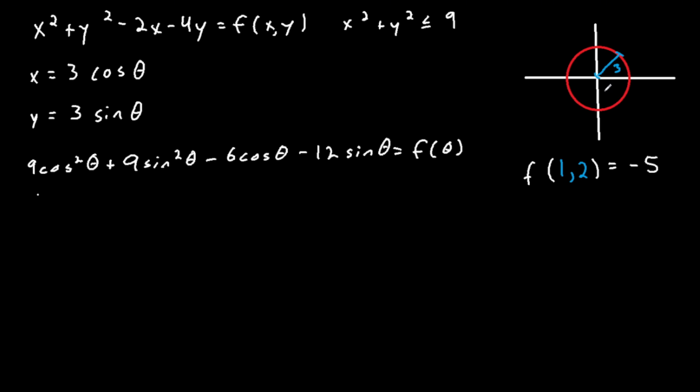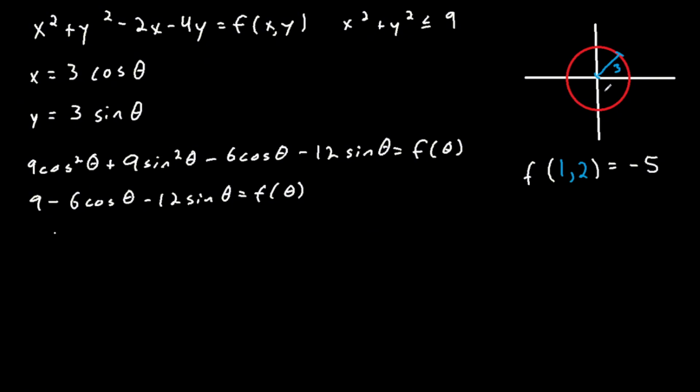If we simplify this further, we can actually factor out a 9 here to isolate cosine squared plus sine squared into its own parentheses. This just equals 1, so we can erase this. So it's 9 times 1, which is just 9. And then if we simplify everything, our function turns out to be this.